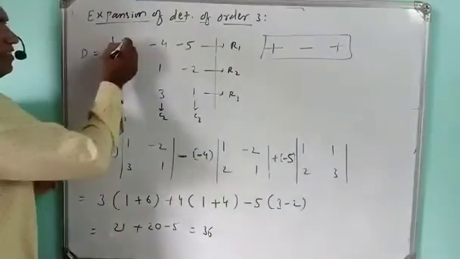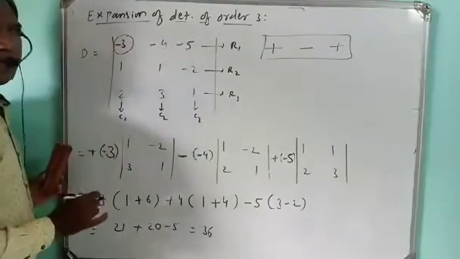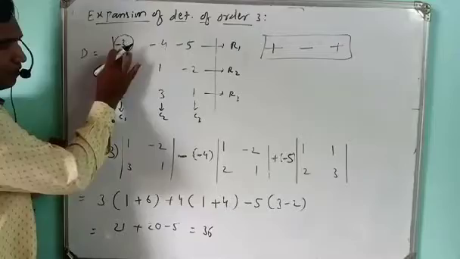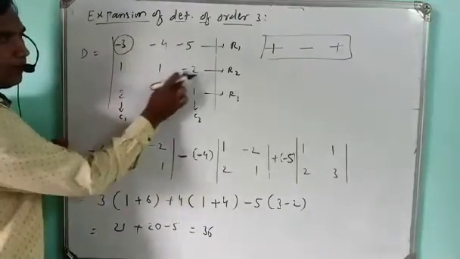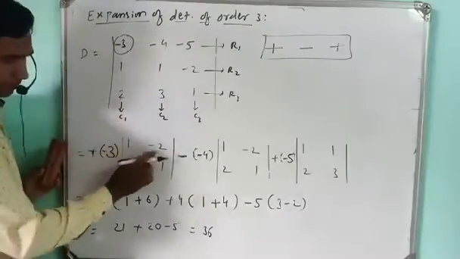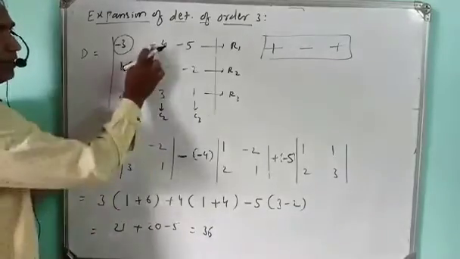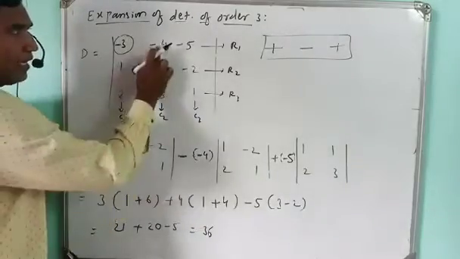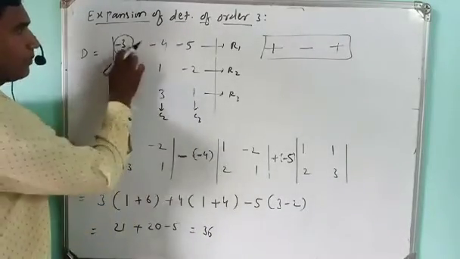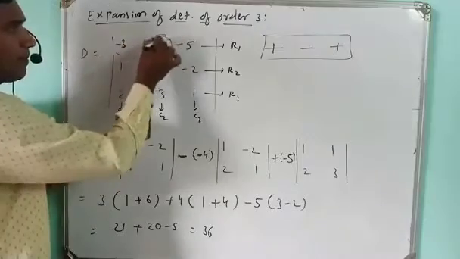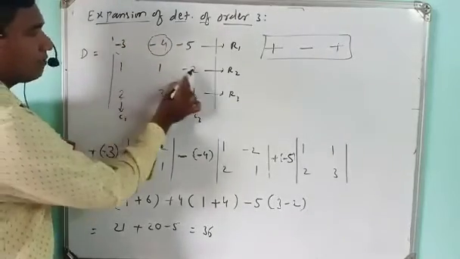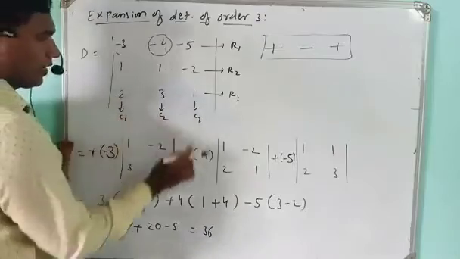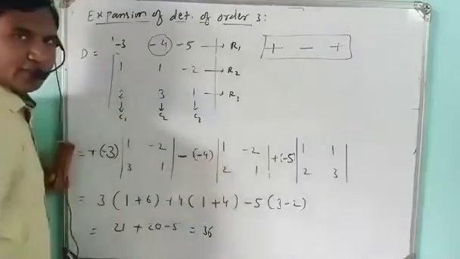For finding the first element, eliminating the column 1, eliminating the row 1. Elements given 1 minus 2 3 1. Second, by rule minus element minus 4. What is the procedure? Very simple one. Eliminating the column, eliminating the row. 1 minus 2 2 1. This one.